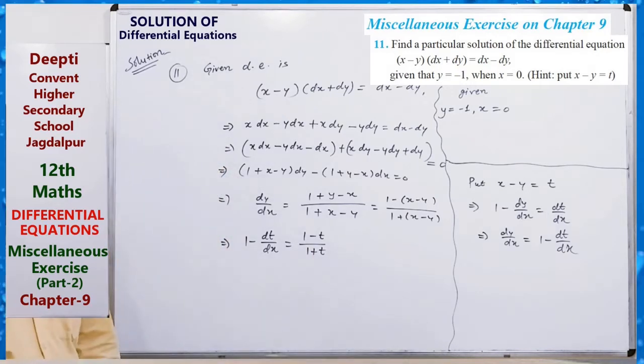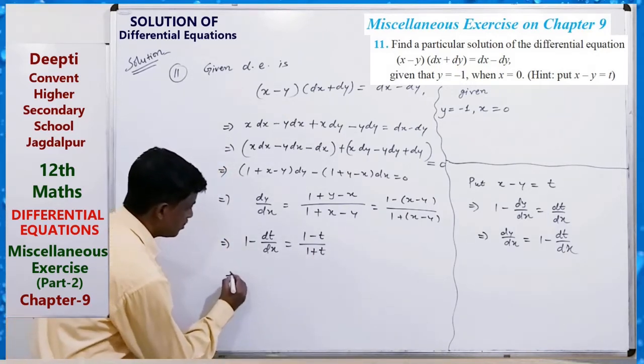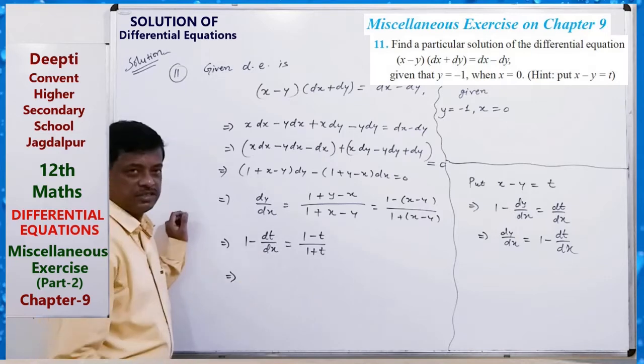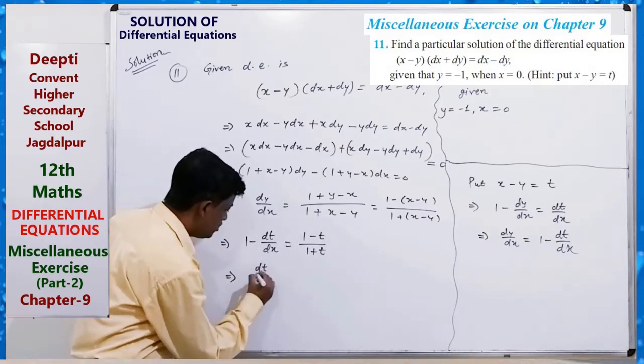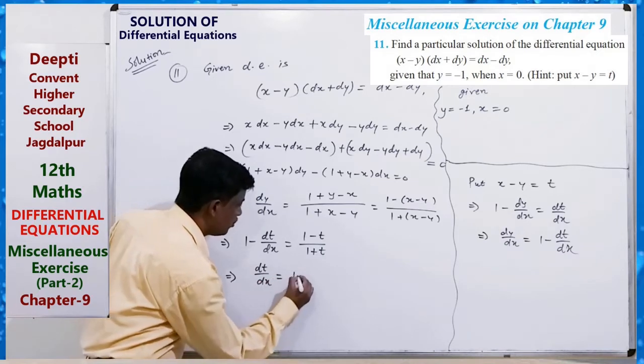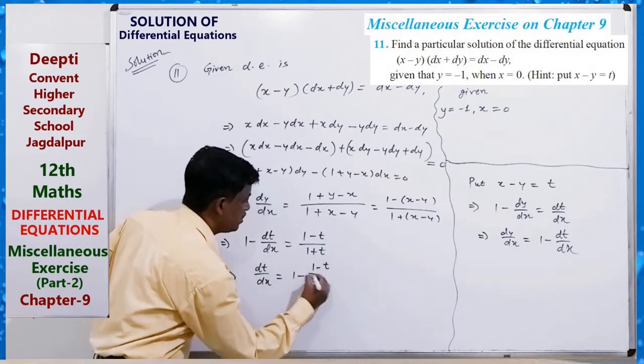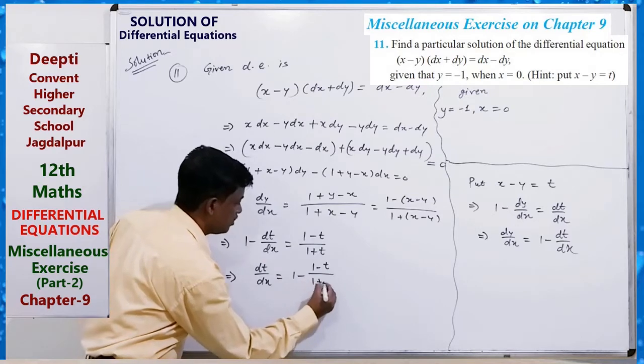So now dt by dx. This is the separable form equation. dt by dx equals to 1 minus (1 minus t) by (1 plus t).